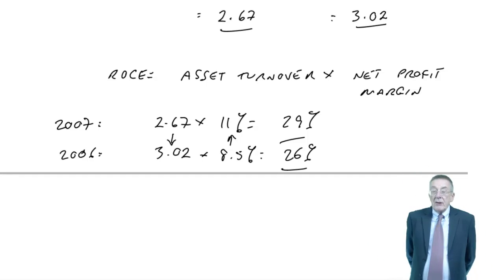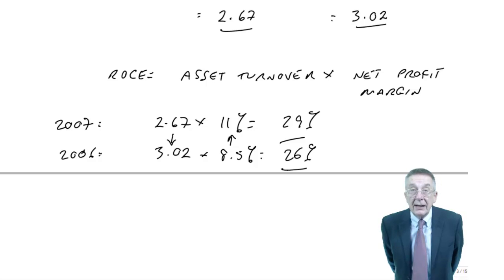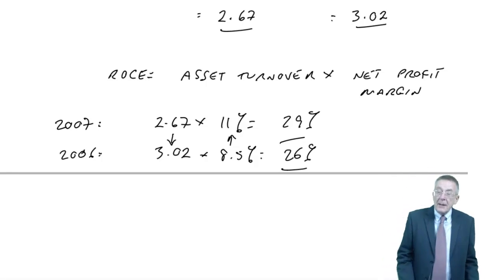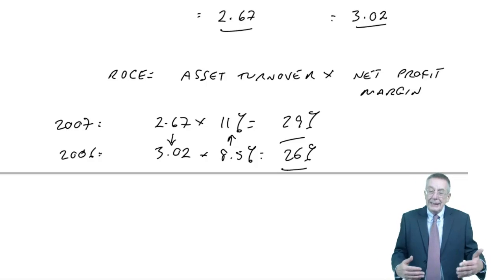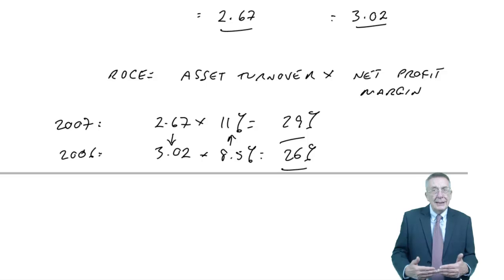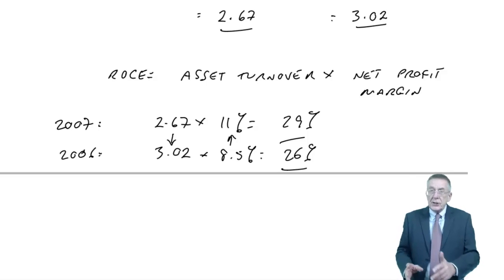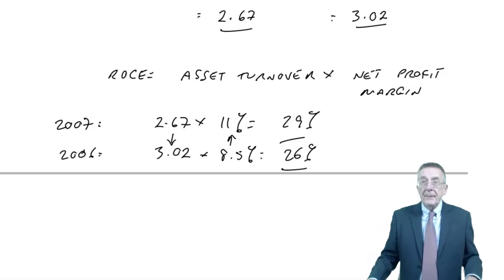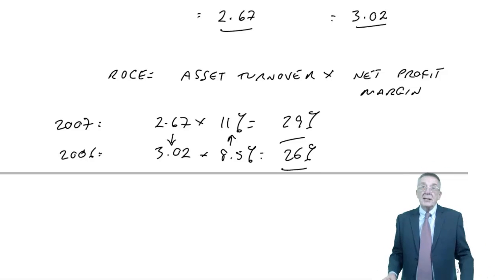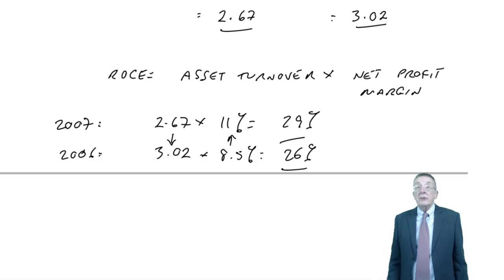Maybe the way we got the net profit margin up was by charging a higher price. But as a result, maybe the sales themselves fell a bit, which is why the asset turnover went down. So to look at them in isolation is a bit dangerous. It depends on our policies, but it's just analysing why or how the return on capital employed changed.